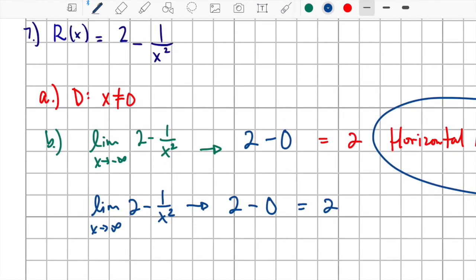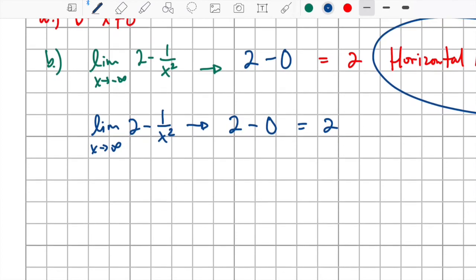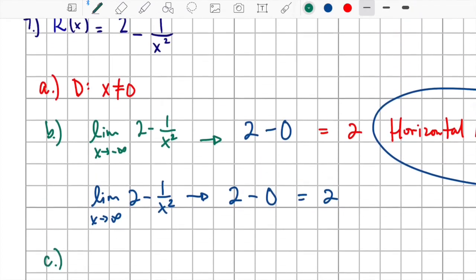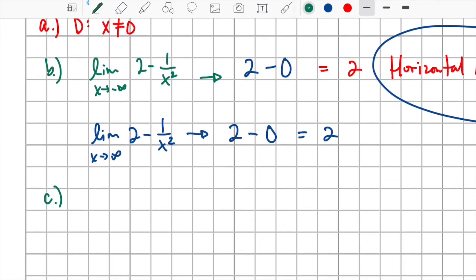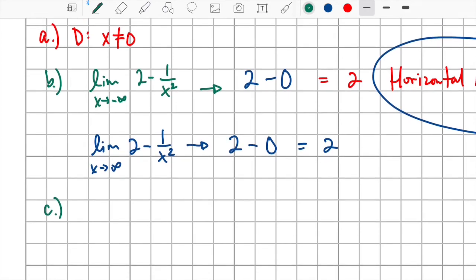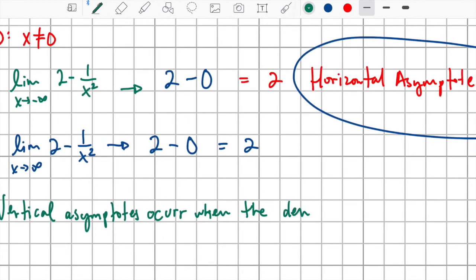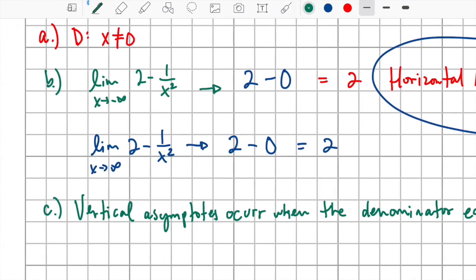Now for part C, vertical asymptotes. What I didn't mention before is that vertical asymptotes occur when the denominator equals 0.